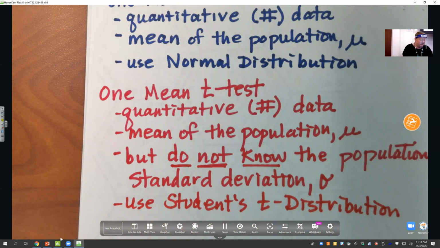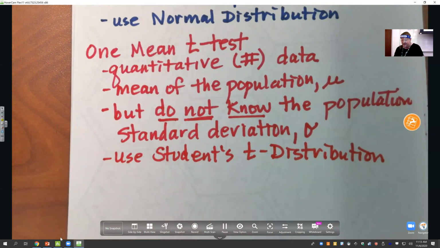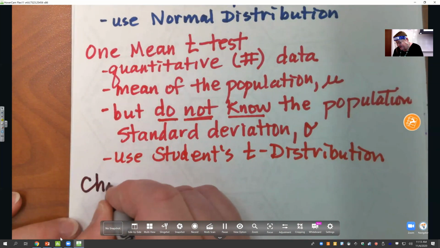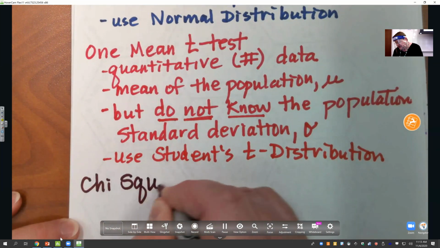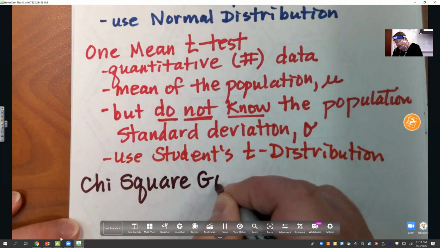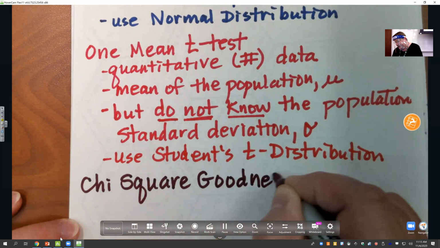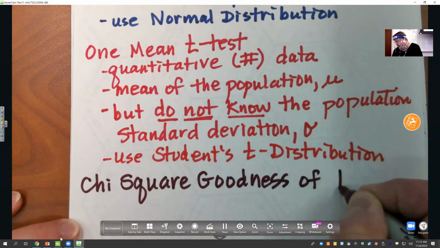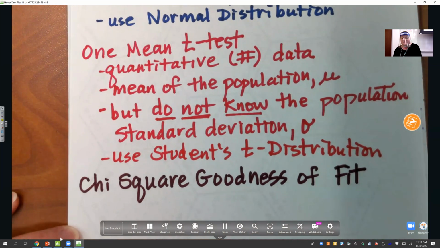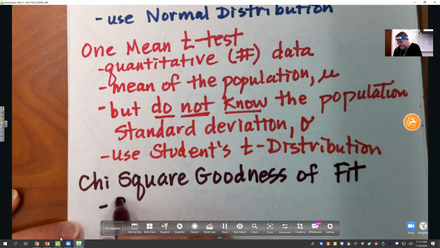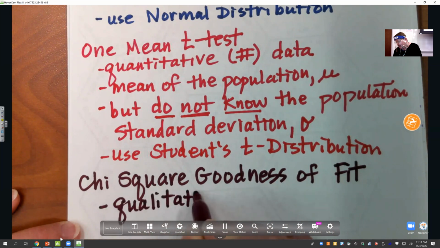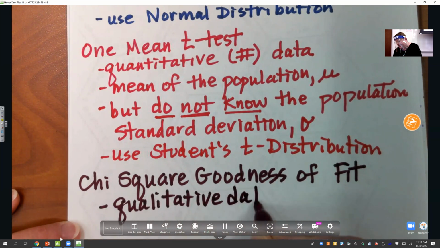Last week, we talked about chi-square, specifically chi-square goodness of fit. It's one of the few statistical analyses used with qualitative data.